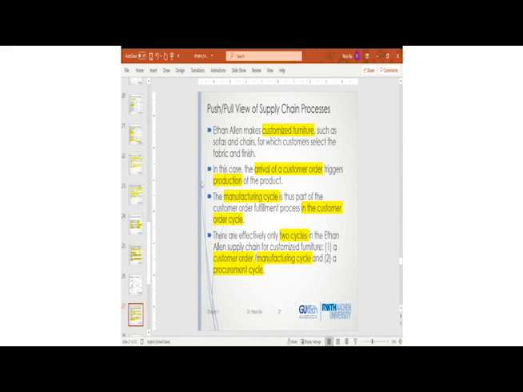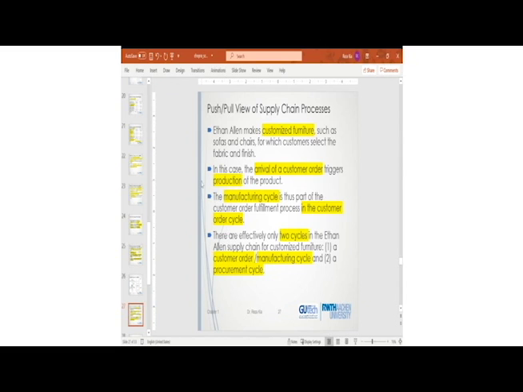Why? This is usually the case for customized products, because when you want to deliver a customized product, it means the product is going to be designed specifically for an individual customer. So you cannot produce something and then later remove something from the final product because you wanted to make it custom. This is not going to work in reality.